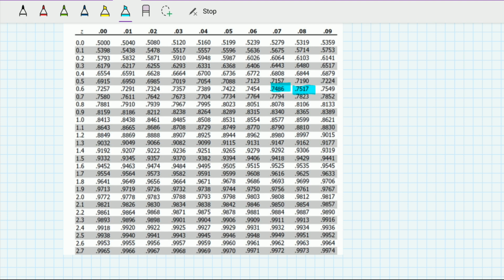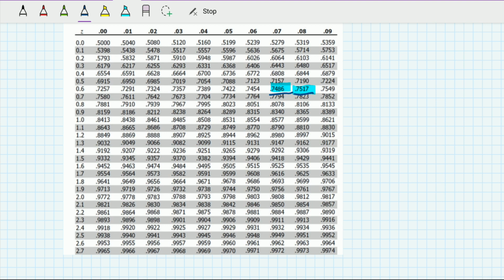Technically, you can use both of those because both will round off to 75%. This one has a 1 next to the 5, so the 5 will stay, and this one has an 8, so the 4 will go up. So you can use whichever one you want. I would be completely okay with both of them. For higher level math, like AP stats, it'll be a little more specific, but for right now, this is fine.